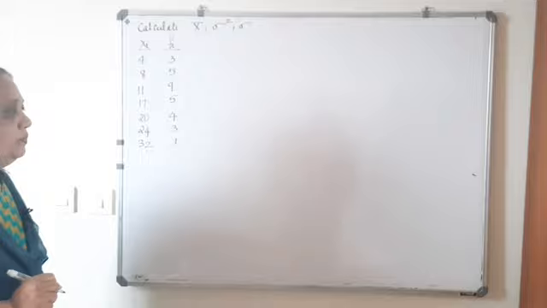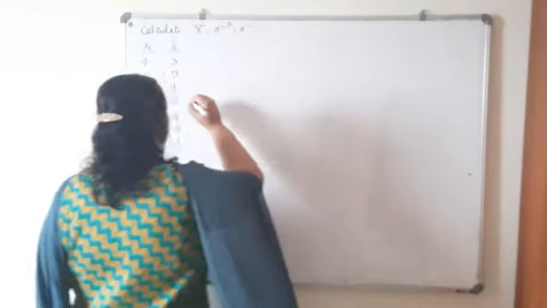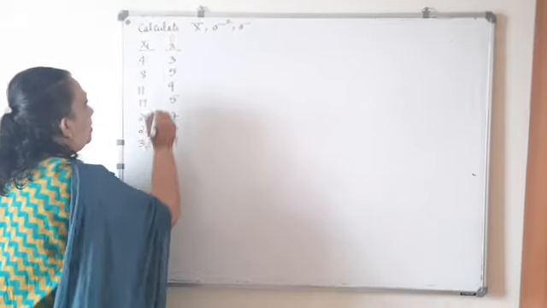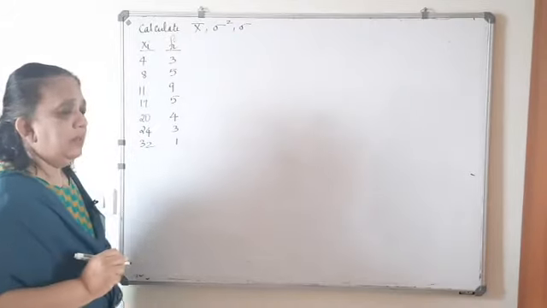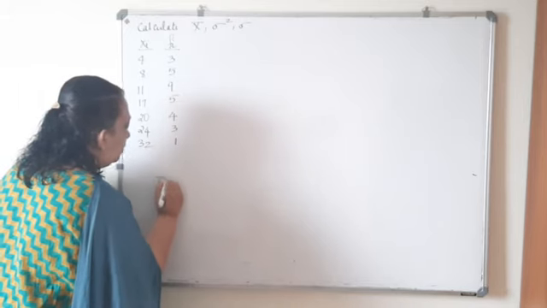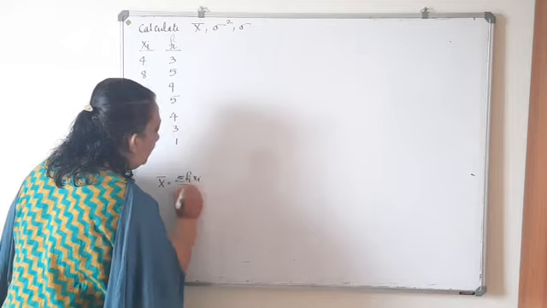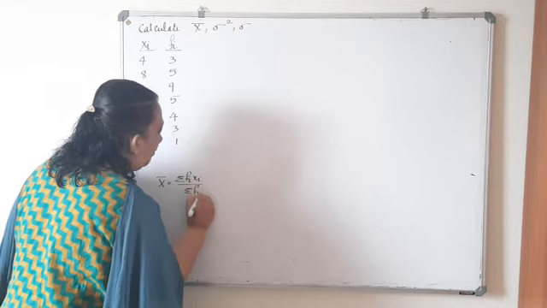Now here you can observe that the Xi values and the frequencies are given. So how to find the mean? In that case, mean is calculated using the formula sigma Fi Xi divided by sigma Fi.